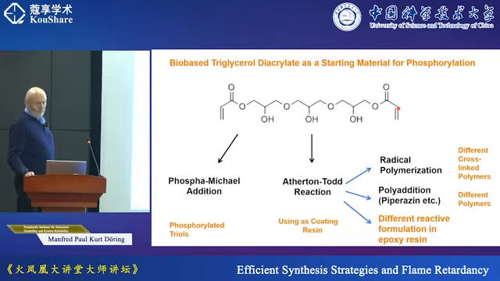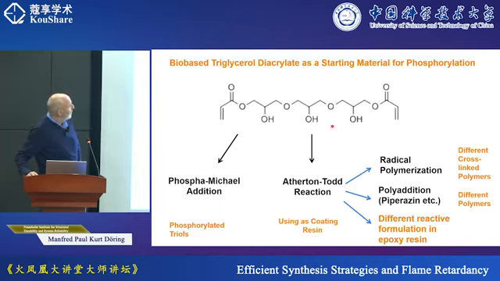But much more interesting, there is another stuff commercially available. This is triglycerol diacrylate. That means this here comes from glycerine or glycerol, triglycerol, and acrylate as well from nature. This is pure nature. And very interesting because you have free OH groups and you have acrylates. And you can see here you can do a phospha-Michael addition. Then you have a phosphorylated triol. You can do Atherton-Todd reactions.